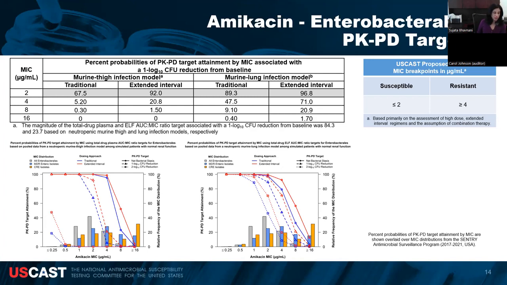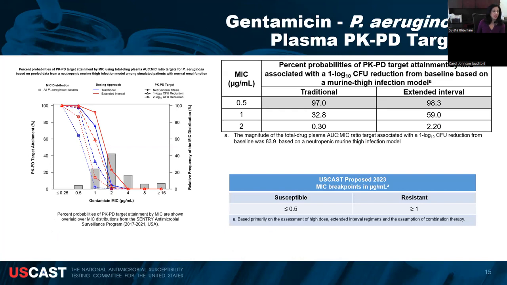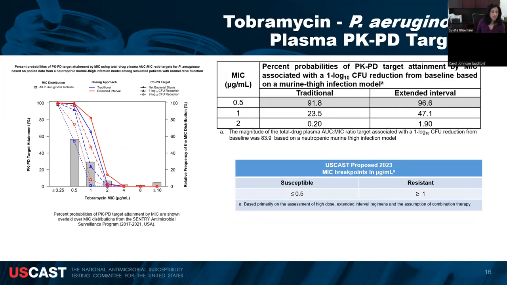Okay, switching gears to Pseudomonas. Now looking at gent data, but again, here we only have thigh infection model data to look at. We see that 0.5 again is a reasonable breakpoint, achieving percent probabilities above 90%. And for tobramycin, the same thing. 0.5 was a reasonable breakpoint. And you can see, again, the scatter of data, but let's just go back and look at gent.